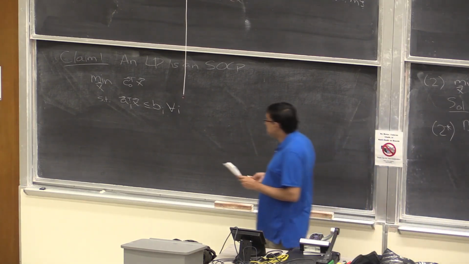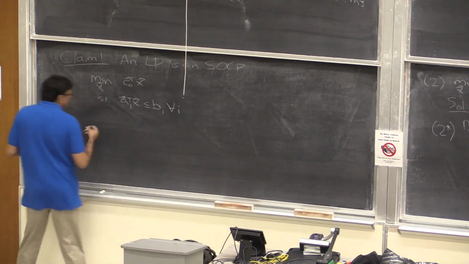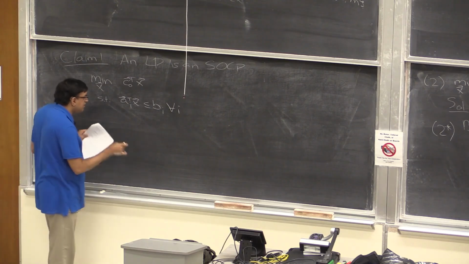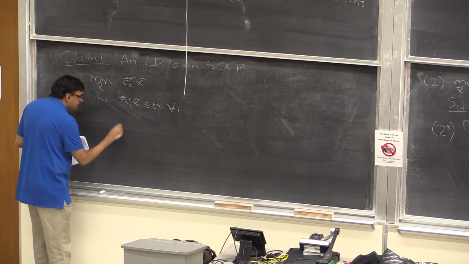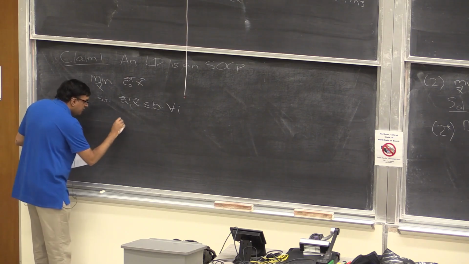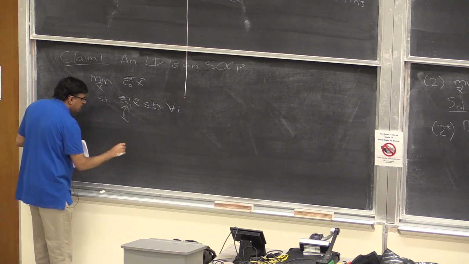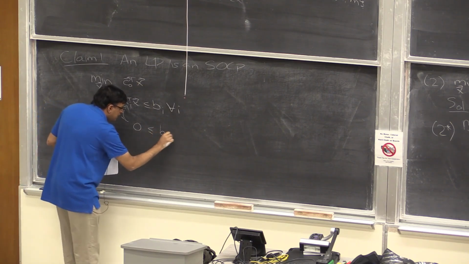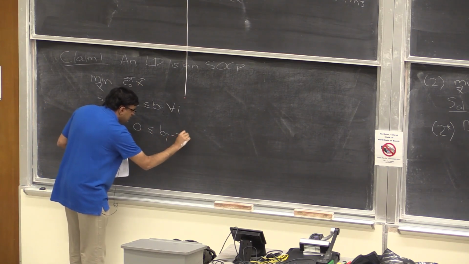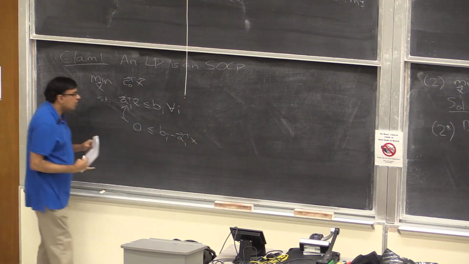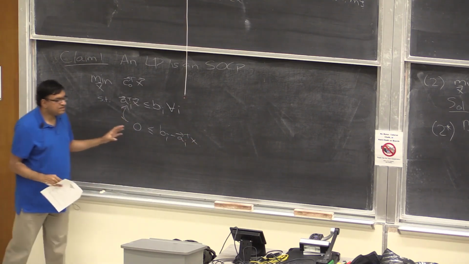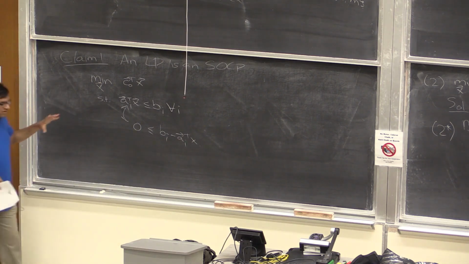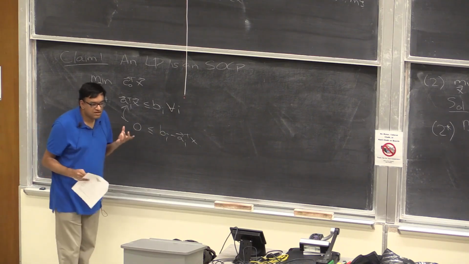The way to do this, so this is a generic set of affine constraints, is just to note that this constraint is equivalent to 0 less than or equal to b_i minus a_i transpose x. So the right-hand side is an affine function of x. I will claim that the left-hand side is the norm of an affine function of x.